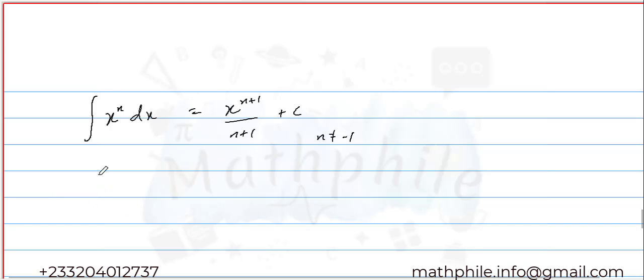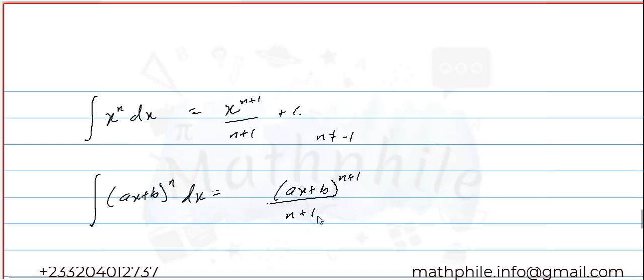And it goes on to tell you that if you've got (ax + b) raised to the power n dx, then this gives you (ax + b). We add 1 to the exponent, divide by the new exponent. But with this one, you multiply by 1 over the differential of what is inside. In this case, the differential of what is inside is a, and you add your constant of integration c.